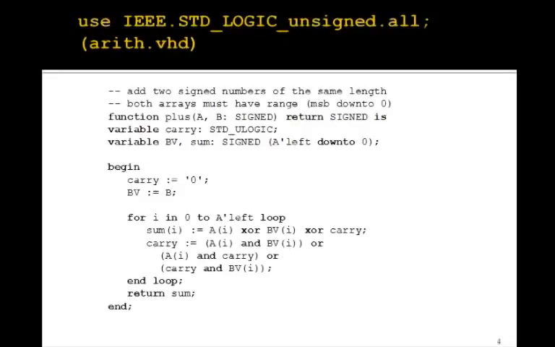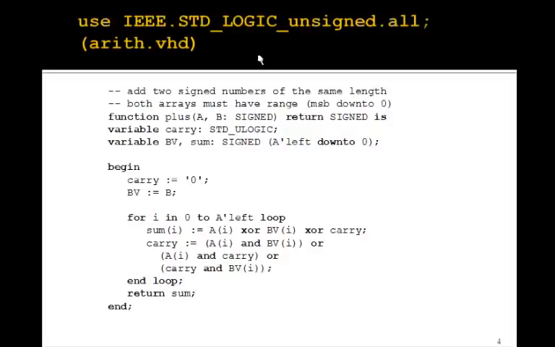Now, what's really going on here? Well, I told you needed that unsigned VHD program from the IEEE library, so you need to have this statement at the beginning of your program. And this unsigned is a VHD program which calls an arith VHD program. And in that arith, it shows you what happens when you make a plus sign.